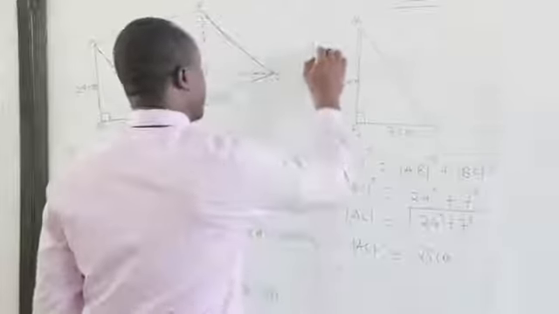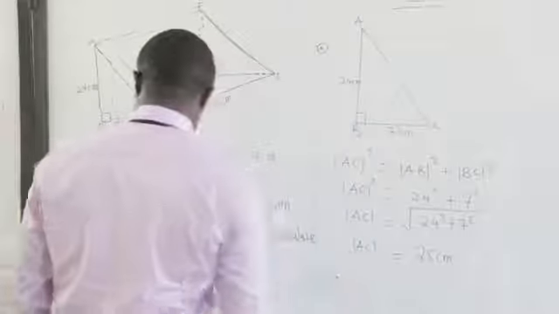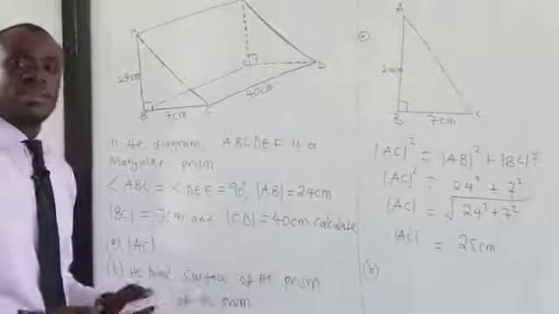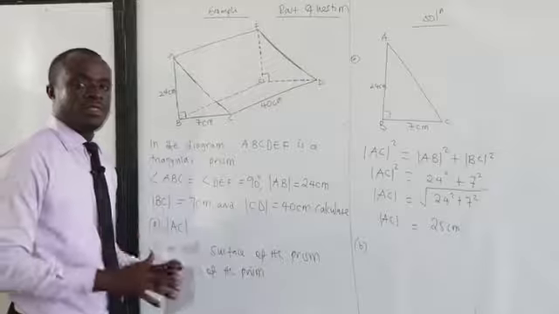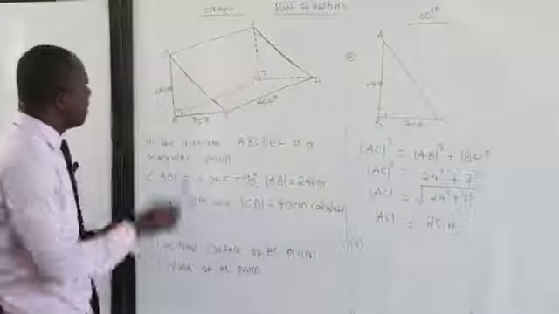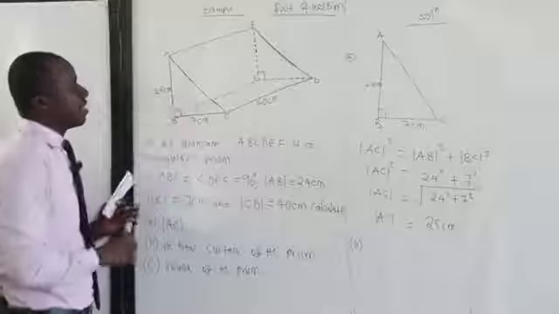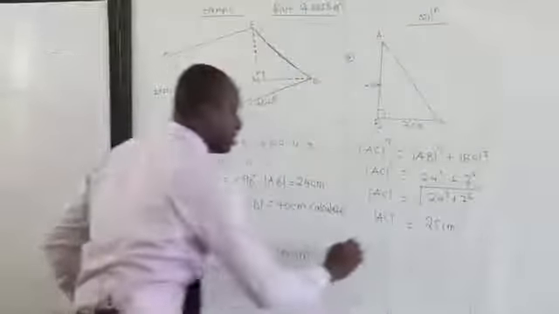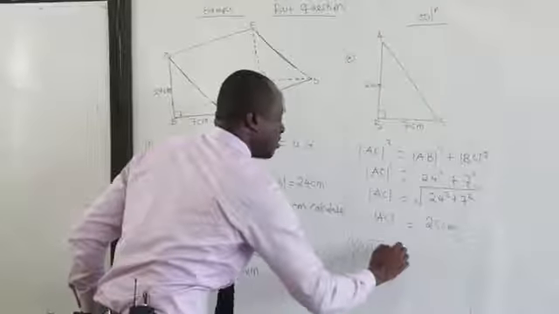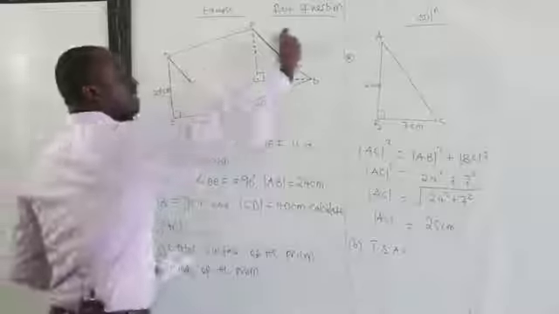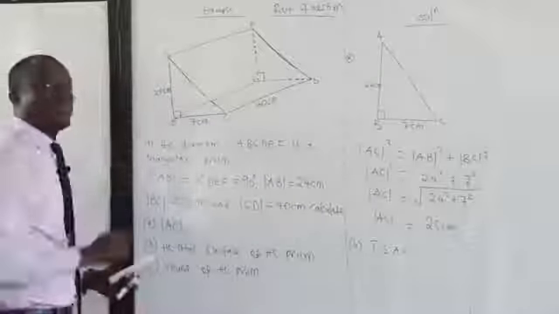Now, the second one says that the total surface area of the prism. Total surface area is the addition of all the areas of the faces. This side is a triangle, and this side is the same as that side. So this triangle is the same as that triangle, and we have to find the area of this triangle.